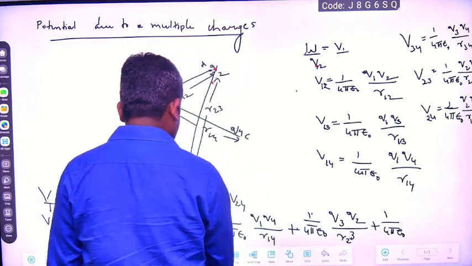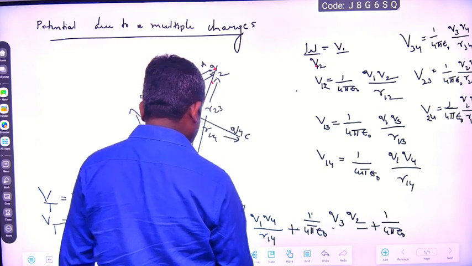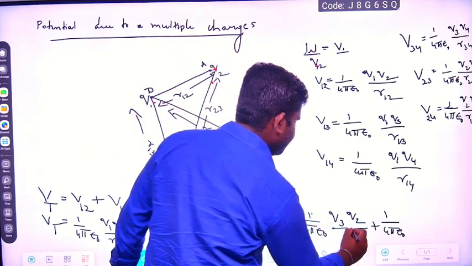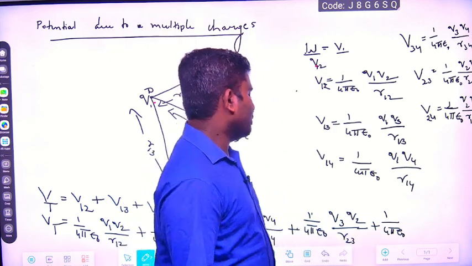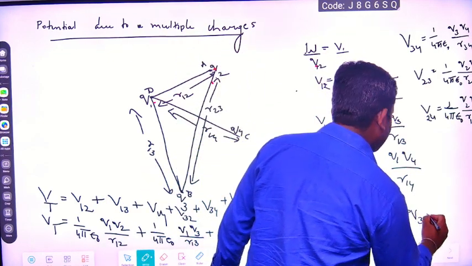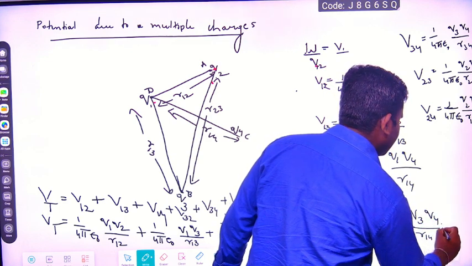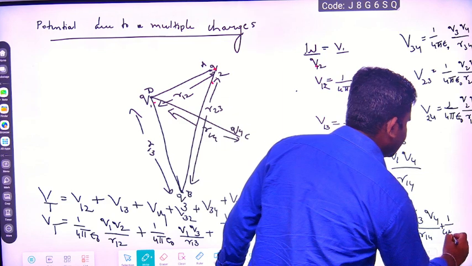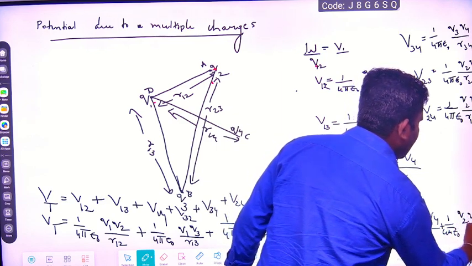Now 1 by 4 pi epsilon naught Q3 Q4 divided by R34 plus 1 by 4 pi epsilon naught Q2 Q4 divided by R24.